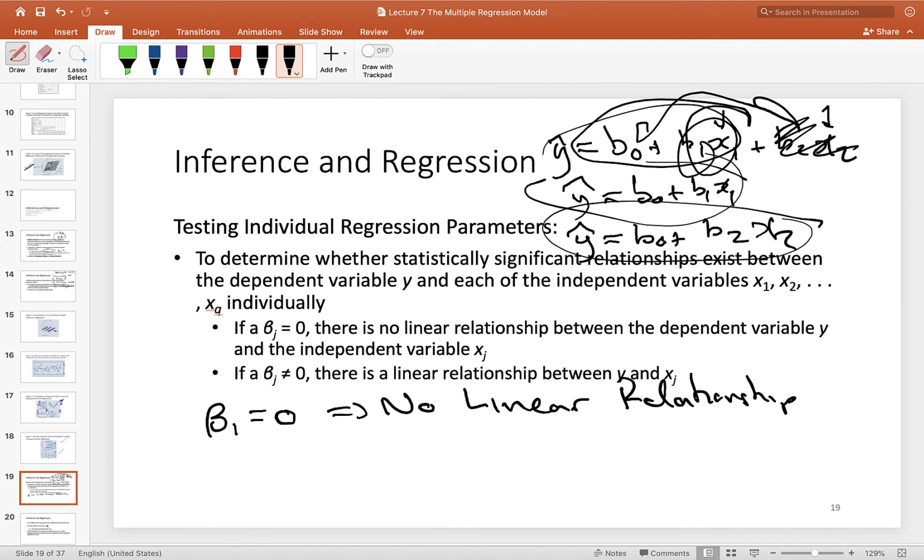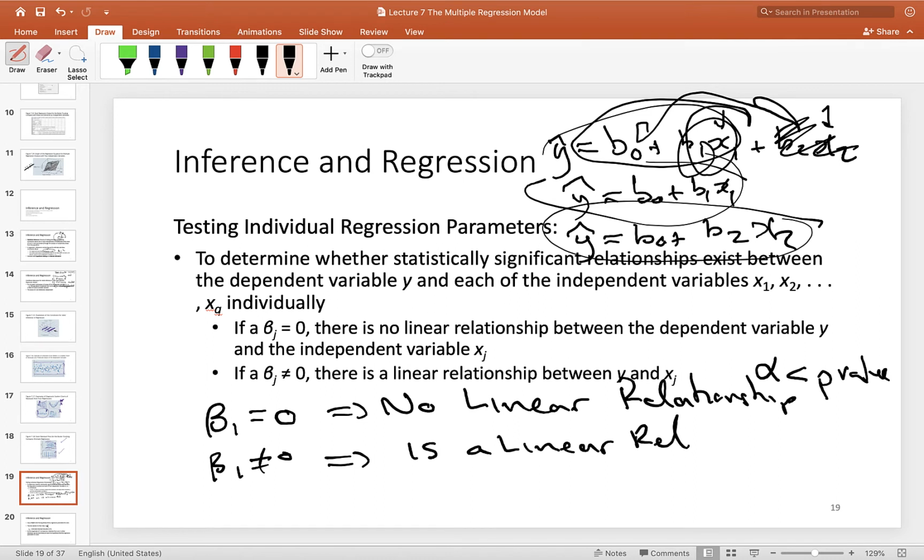That happens when alpha is smaller than the p-value. On the other hand, if the outcome of our hypothesis test is that the slope does not equal 0, that implies there is a linear relationship. And that occurs when alpha is greater than or equal to the p-value.